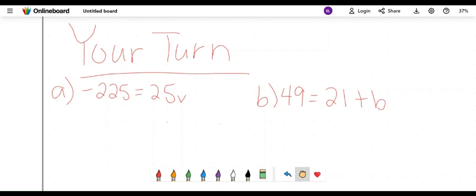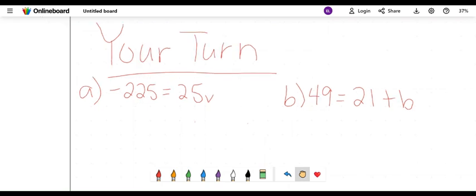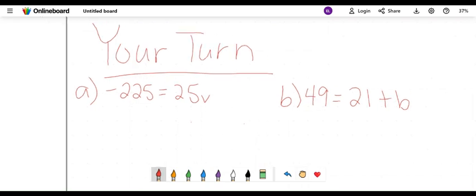It is negative 225 equals 25b. As usual, we have to divide both sides by 25 to isolate the variable. We can just cross this out as usual, and we bring down the variable.